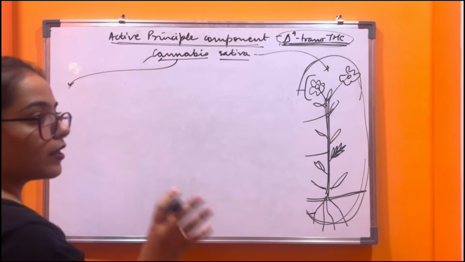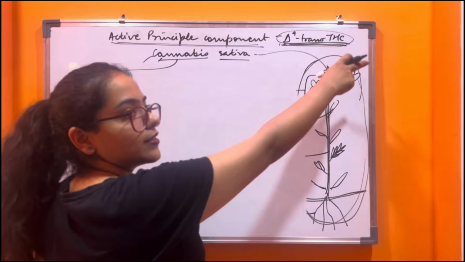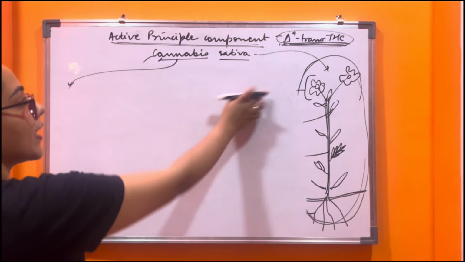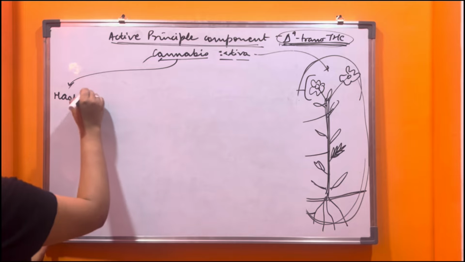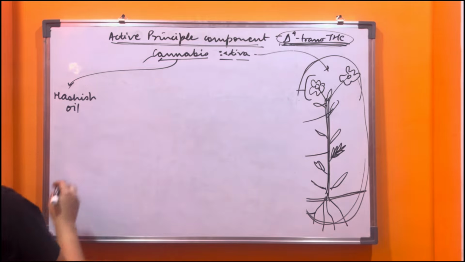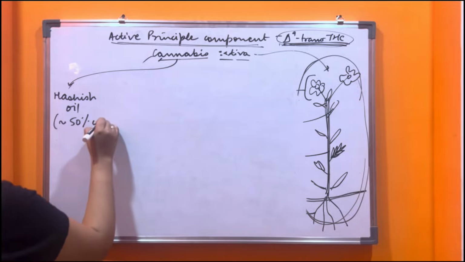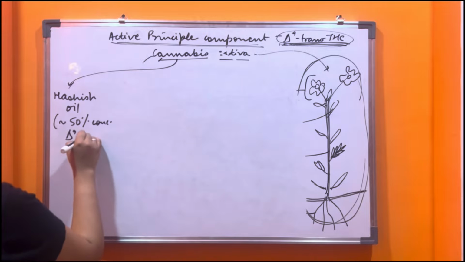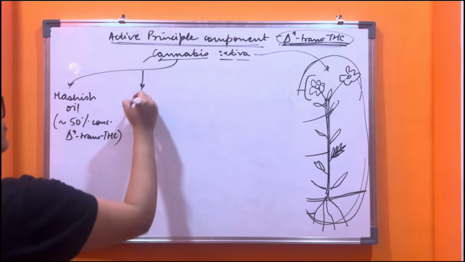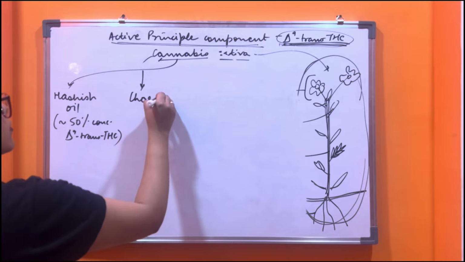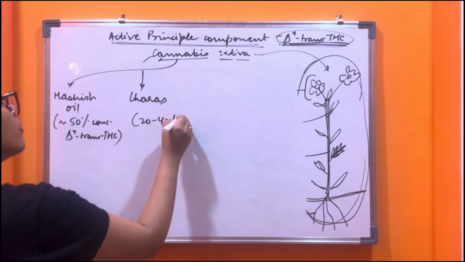The drug with the highest concentration of delta 9 trans THC, which comes under the category of Cannabis sativa, is hashish oil. It has around 50% concentration of delta 9 trans THC. Then comes charas, which has about 20 to 40% composition.